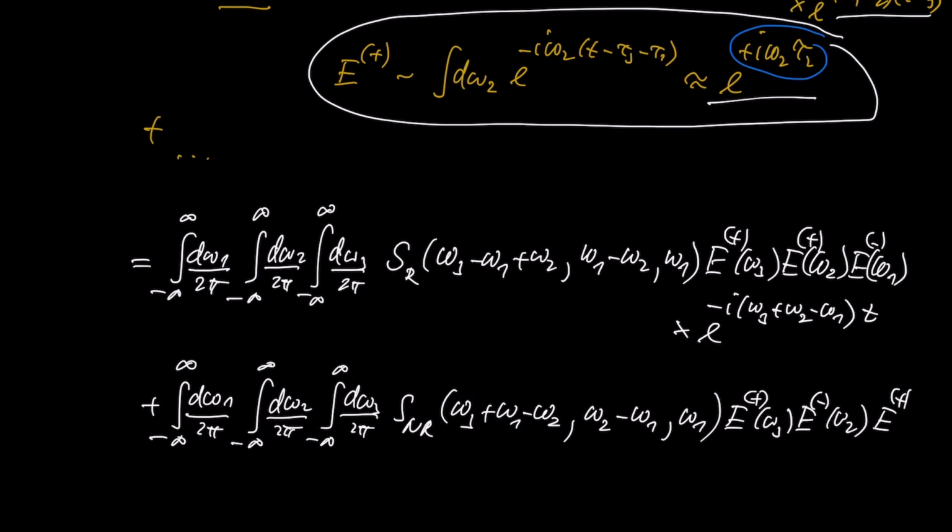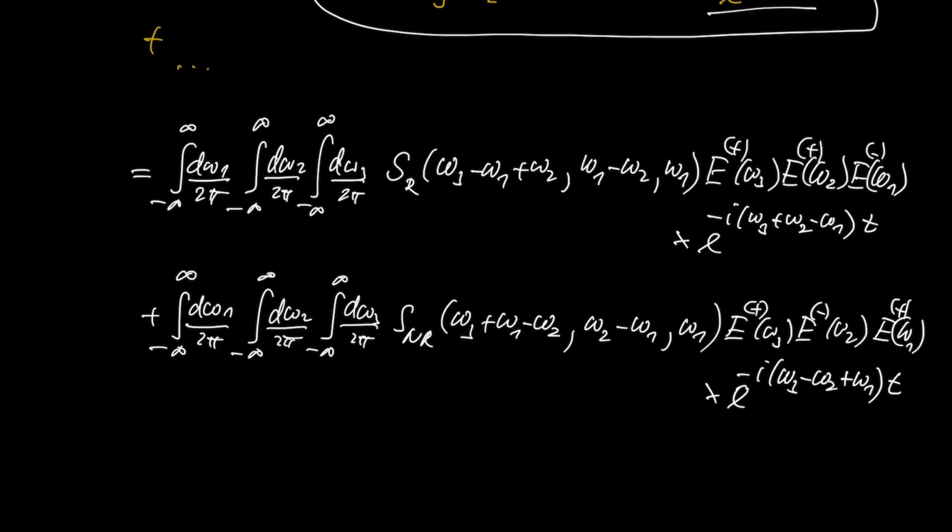E plus omega 1, and here is e to the power of minus i (omega 3 minus omega 2 plus omega 1) t. Okay, so this is the full expression for P3, but now using Fourier transformed response functions.